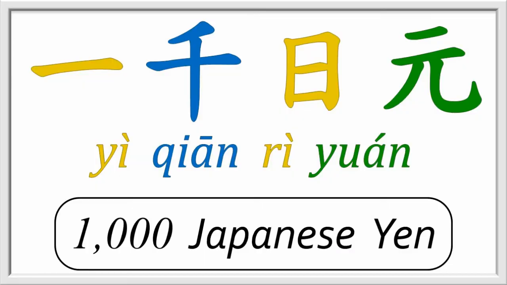Since yuan means basic units, it can also refer to dollars or any other monetary unit, depending on the country. So, 1,000 Japanese yen would be translated as 1,000 日元.